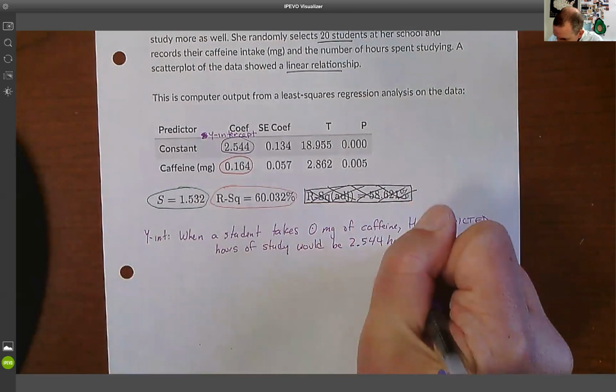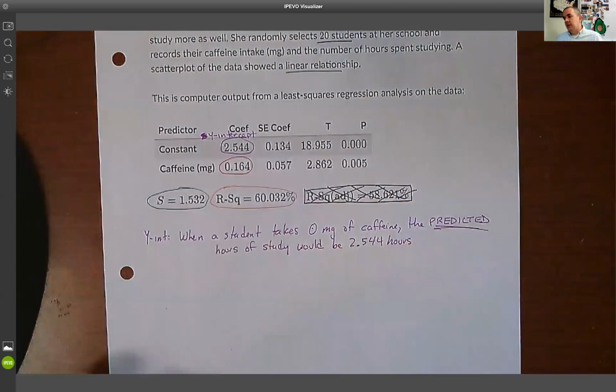The big part about it is make sure you put the predicted. Don't say the hours of study would be 2.544, because then you're guaranteeing it. So we use that word predicted. So that's our y-intercept.